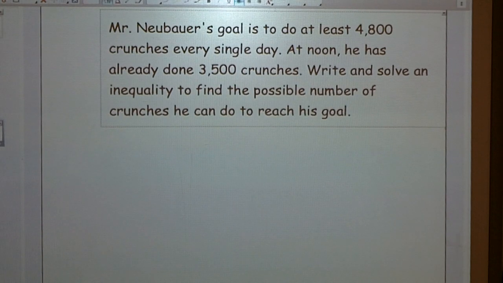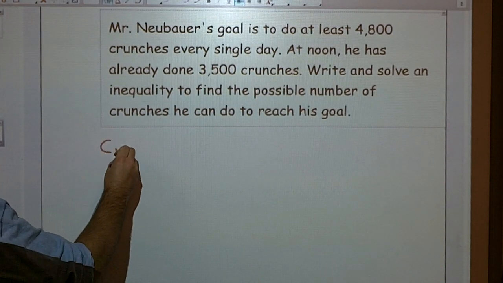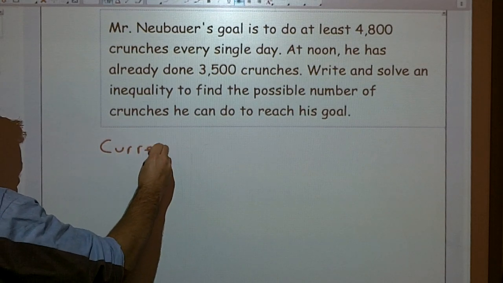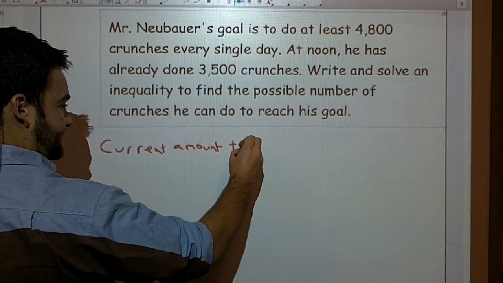Mr. Neubauer's goal is to do at least 4,800 crunches every single day. At noon, he has already done 3,500 crunches. Write and solve an inequality to find the possible number of crunches he can do to reach his goal. So my goal is going to be my current amount plus the remainder.